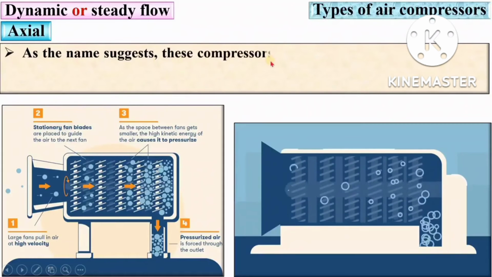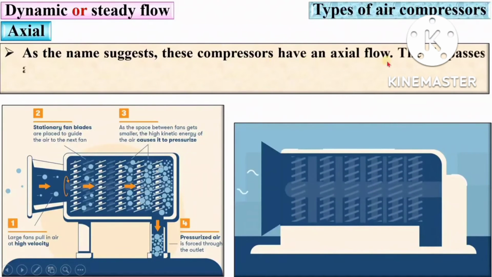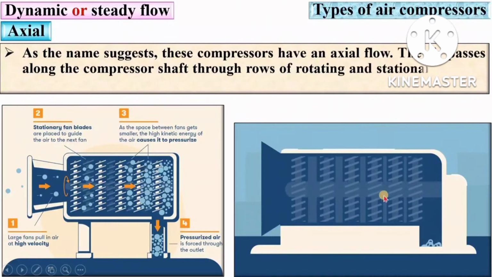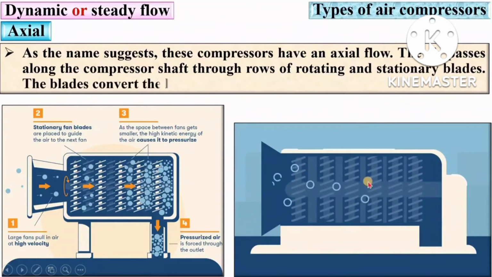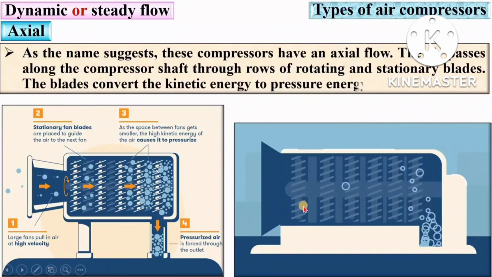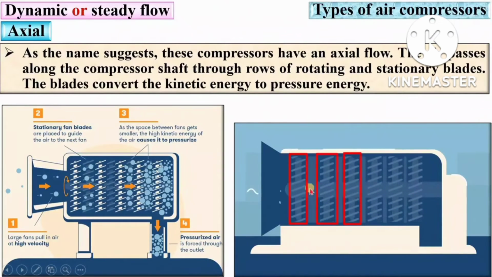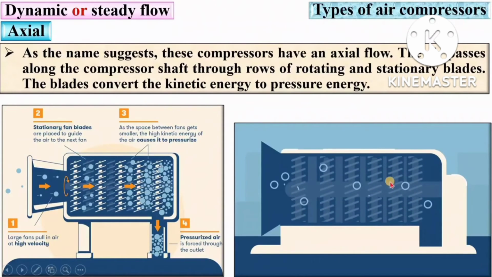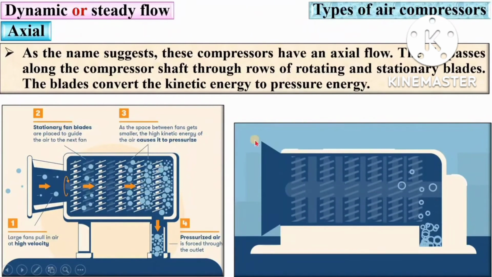As the name suggests, these compressors have an axial flow. The air passes along the compressor shaft through rows of rotating and stationary blades. Here you can see the rotating, and these are the stationary blades. The blades convert the kinetic energy into pressure energy.